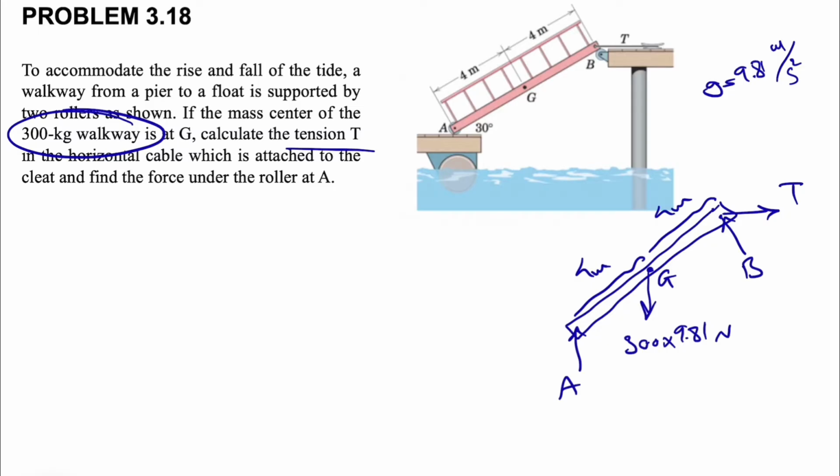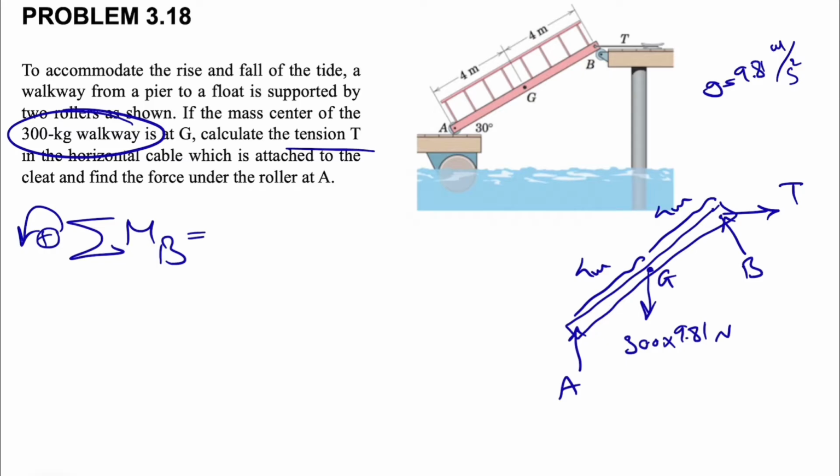And now that we have all the forces in the free body diagram, we can move on to our equilibrium equations. If we look at the question, we'll see that we have the most unknowns at point B, which means we start with the moment about point B, and we call counterclockwise positive as always.